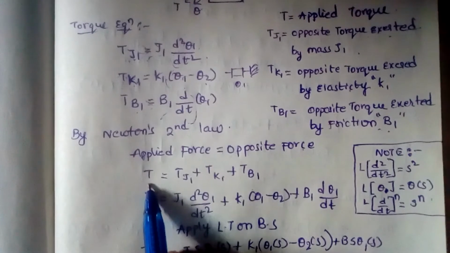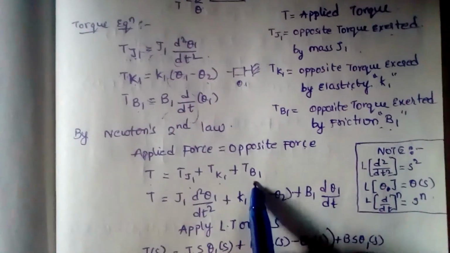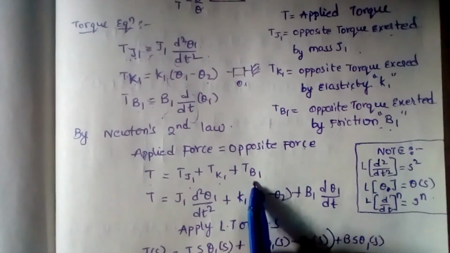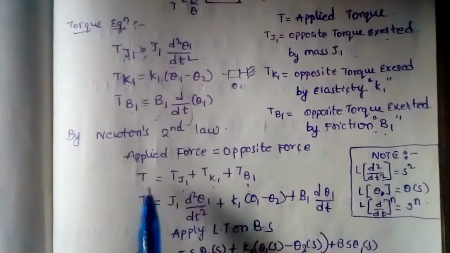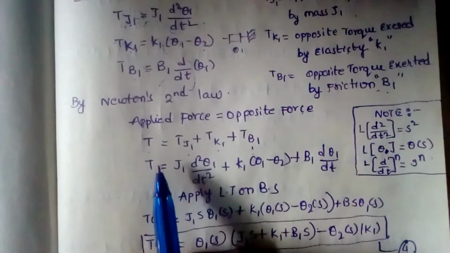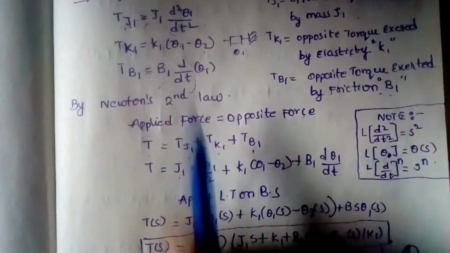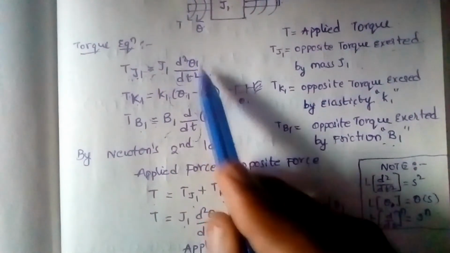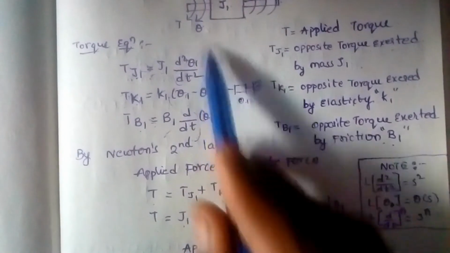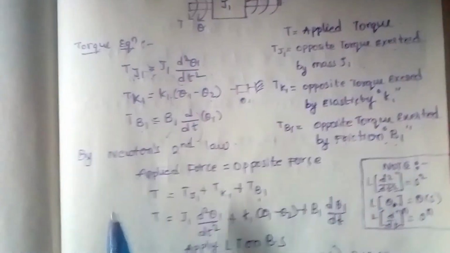T is the applied torque, and Tj1, Tk1 and Tb1 are the opposite torques exerted by the elements. Here we substitute the given equations into T. Tj1 means J1, the mass constant, times d square theta 1 by dt square, which is an acceleration.